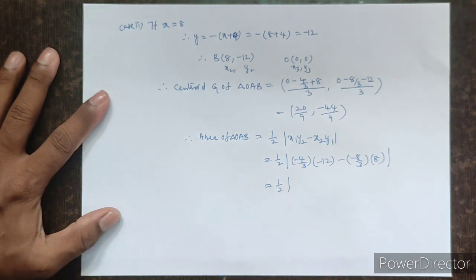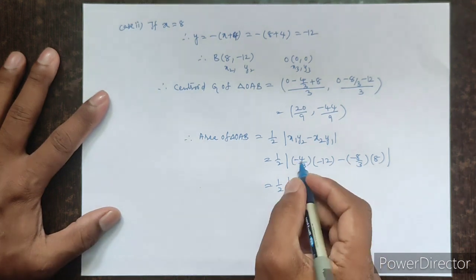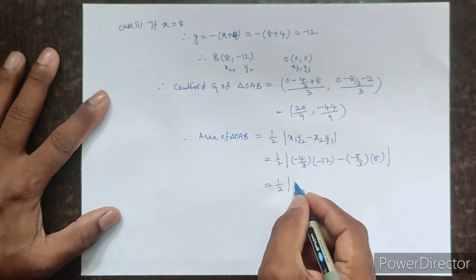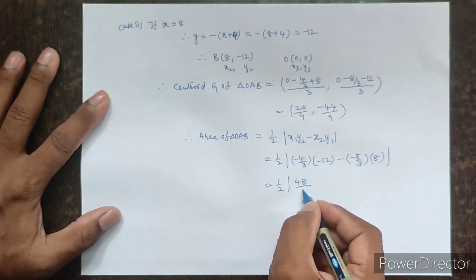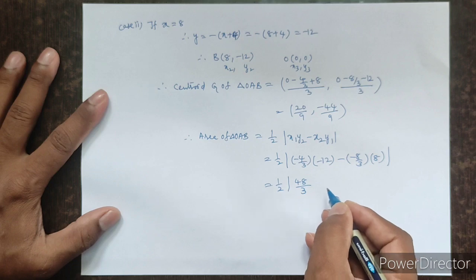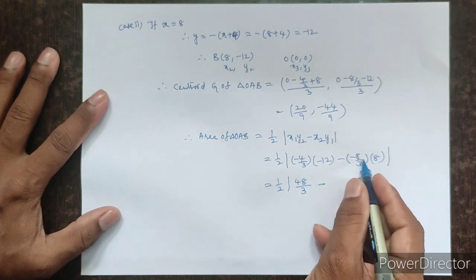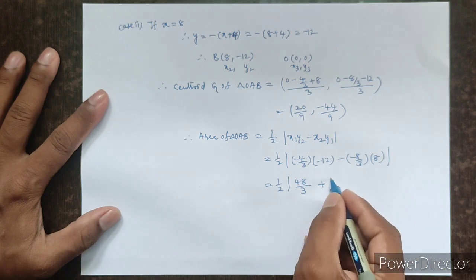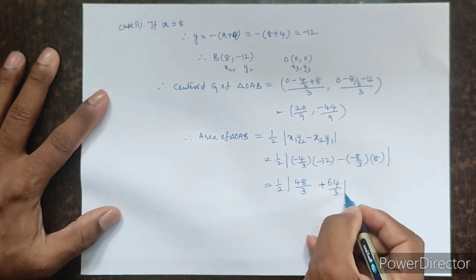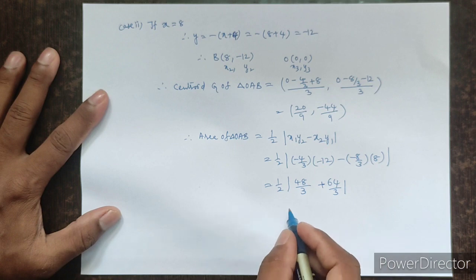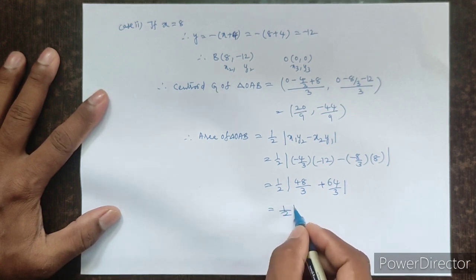What is this? Minus into minus plus 48, 12 times 4 is 48 by 3. This is minus into minus plus 8 times 8 is 64, plus 64 by 3, modulus 1 by 2 modulus.